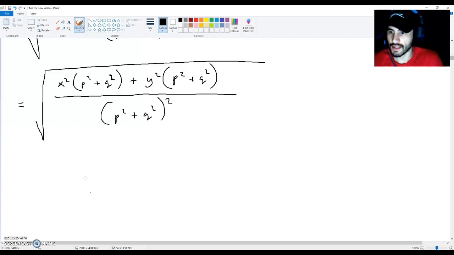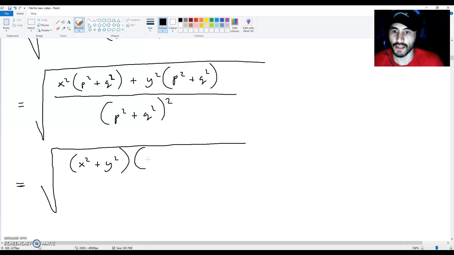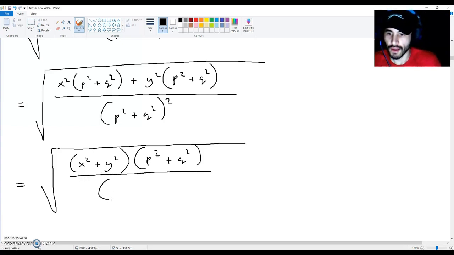And this is the same as root of (x squared plus y squared) multiplied by (p squared plus q squared), over (p squared plus q squared) squared.